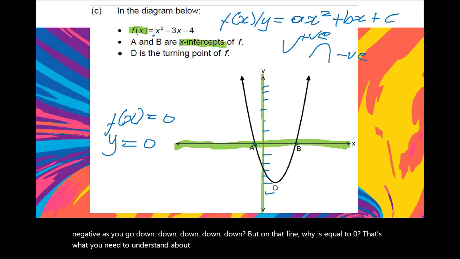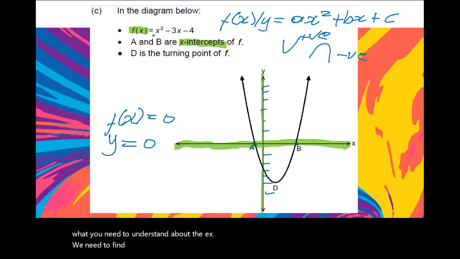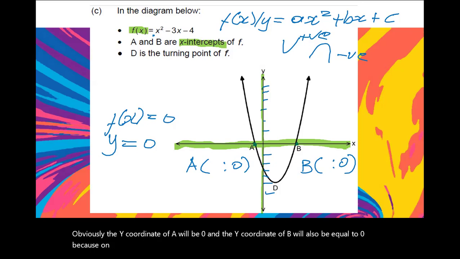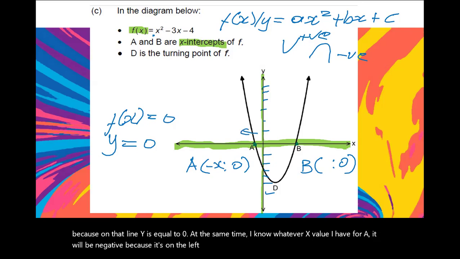So we need to find those points. And what I already know here is that obviously, the y-coordinate of A will be 0, and the y-coordinate of B will also be equal to 0, because on that line, y is equal to 0. At the same time, I know whatever x value I have for A, it will be negative because it's on the left-hand side of your y-axis.